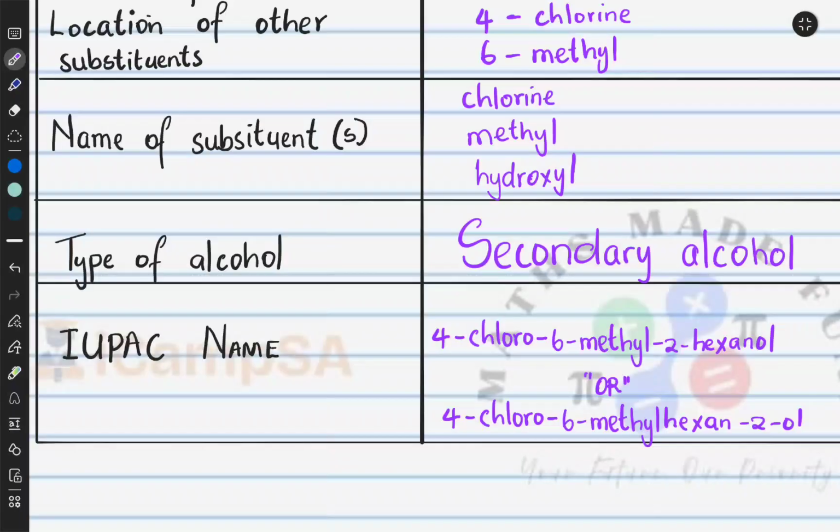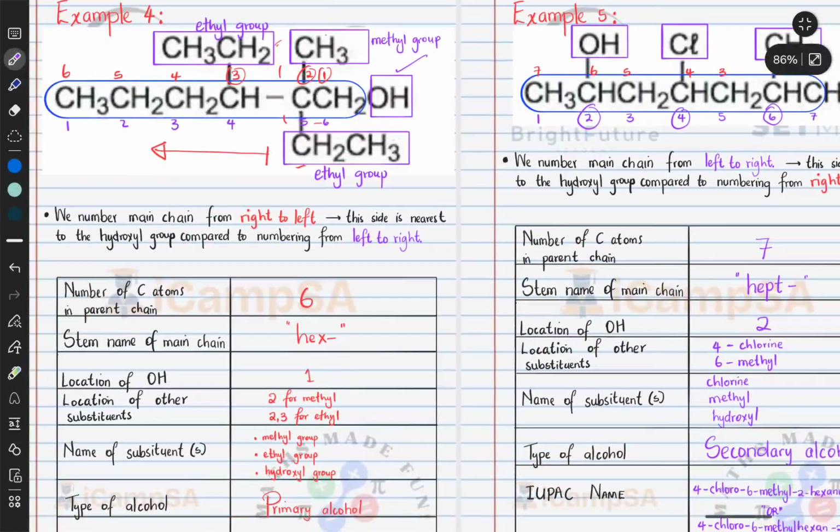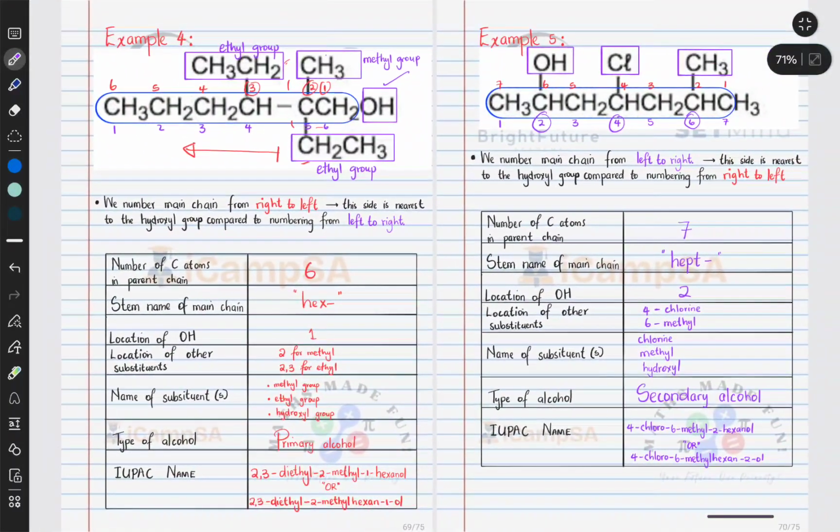So in this case, C comes before M. So chlorine will go first, followed by the methyl group, and then lastly the position of the hydroxyl group across the chain and the name of the parent chain. Okay, so yes, that's how we would do this one.